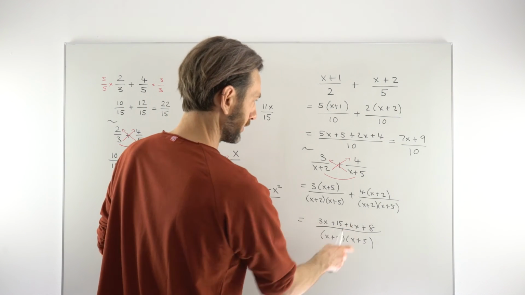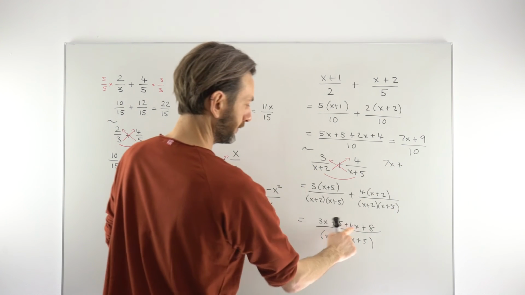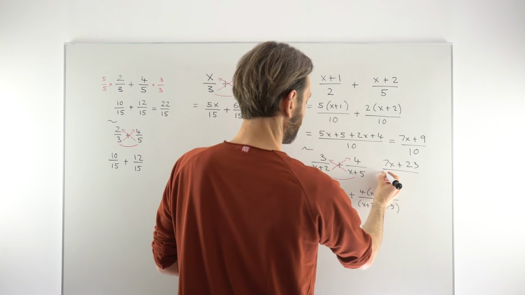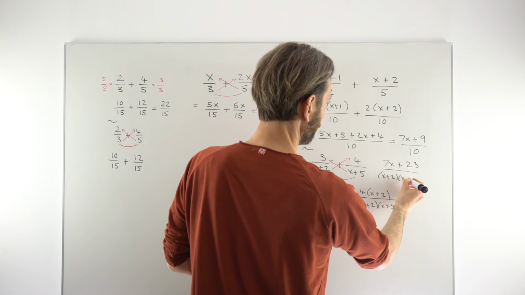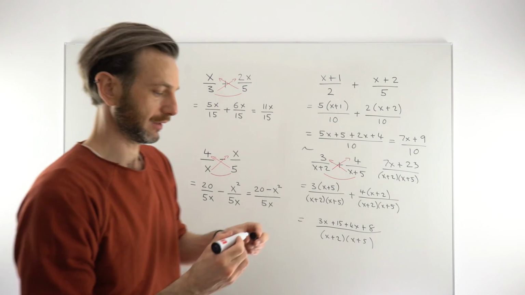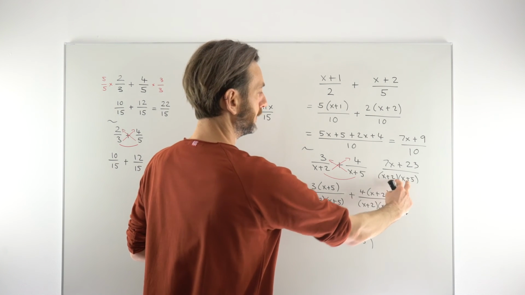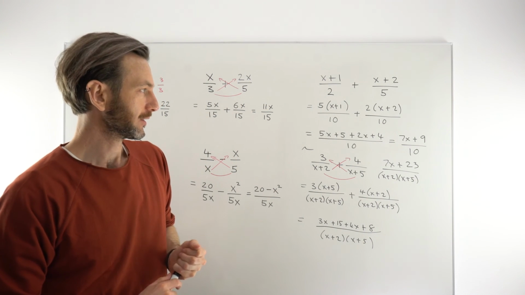So 3x plus 4x to give us 7x, and then 15 plus 8 to give us 23. And then just keeping the denominator in the brackets. You can multiply the brackets on the bottom line. There's no real benefit to doing that unless there was some particular reason why you had to. So the common practice is just to keep them in the brackets. So this keeps everything neat. And that's basically how you do it.